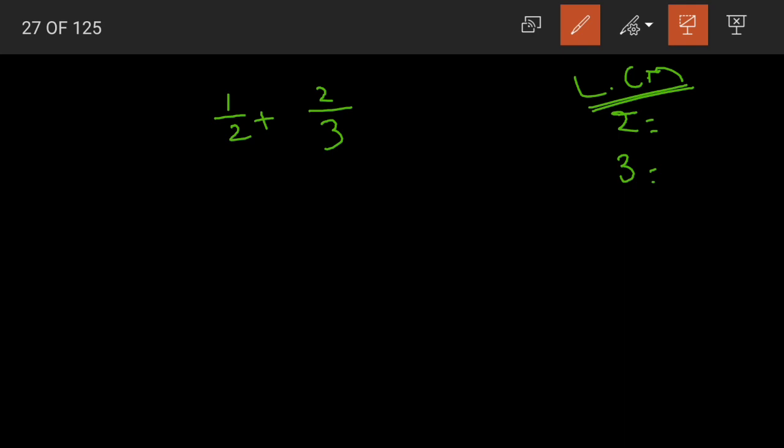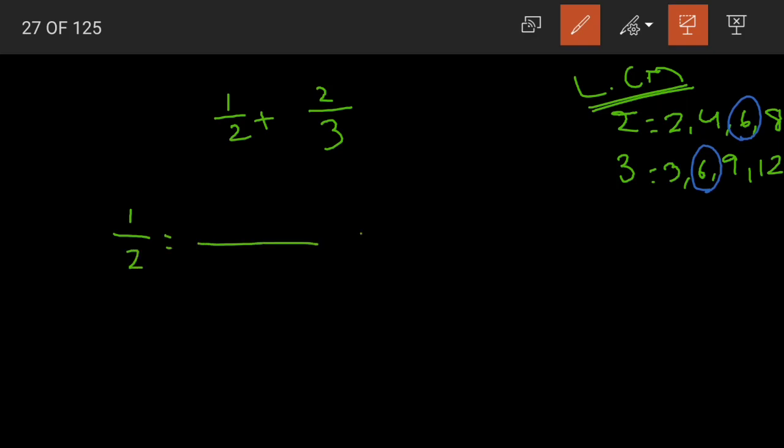So let us write the multiples of 2 and 3. 2, 4, 6, 8. 3, 6, 9, 12. If we observe here, we've got our least common multiple, that is nothing but 6. So 6 is the LCM of our denominators 2 and 3.